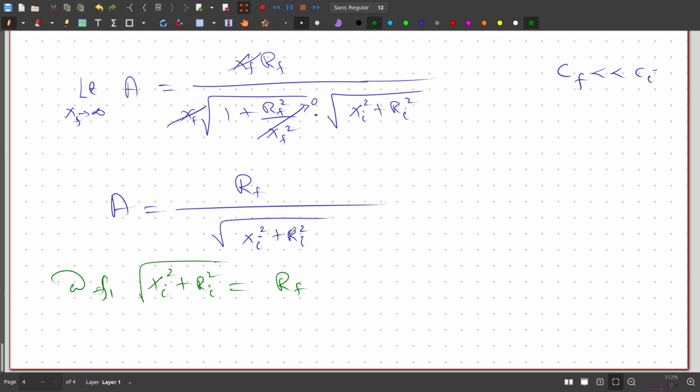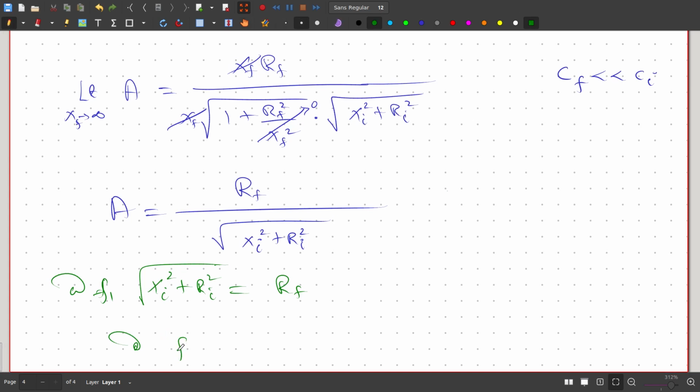And still this Xf is very large at this frequency. Therefore at F1, the first cutoff frequency, we have A equals 1.